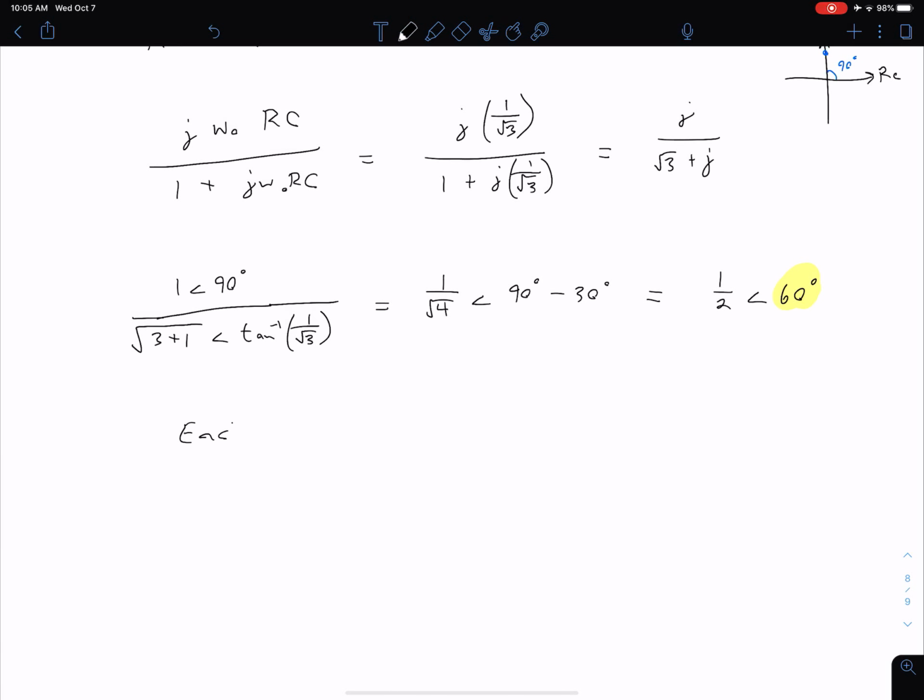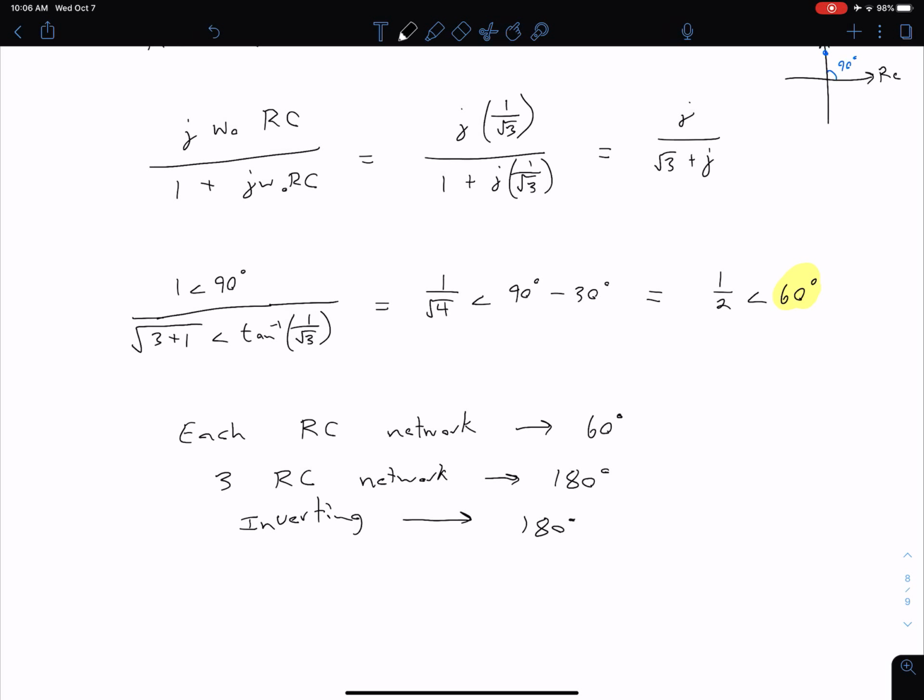So each RC network is giving a 60-degree phase shift. Then the 3 RC networks are giving us a total of 180-degree phase shift. And remember, we also have this inverting amplifier, which was giving us a 180-degree phase shift.